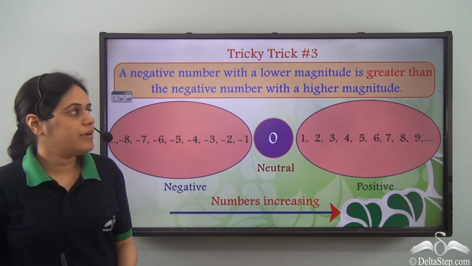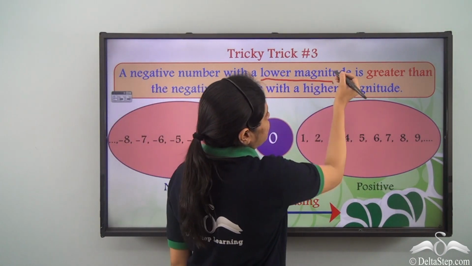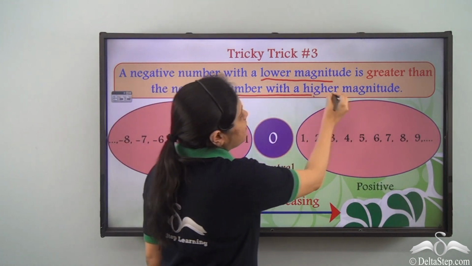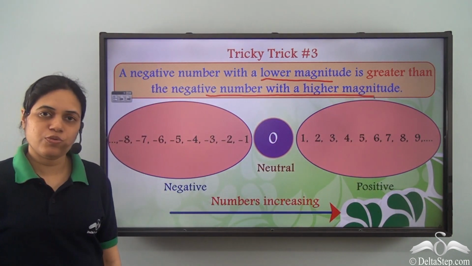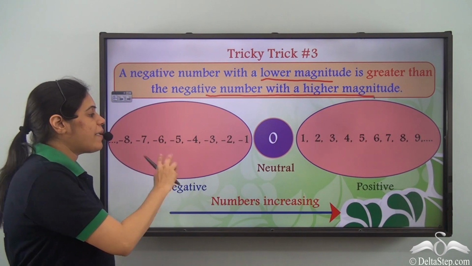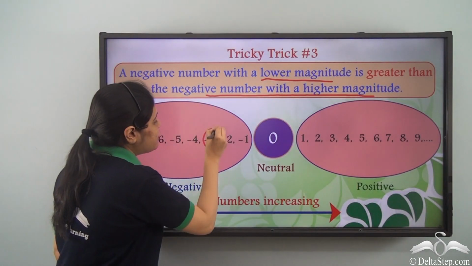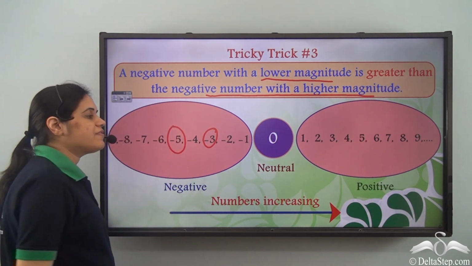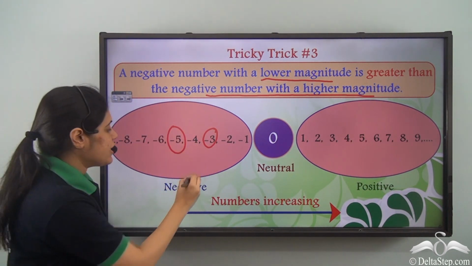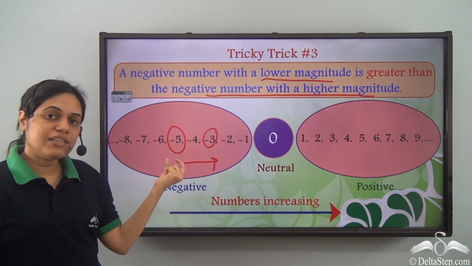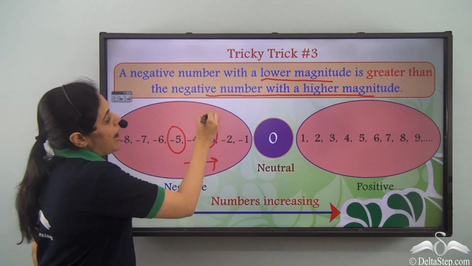Third, a negative number with a lower magnitude is greater than a negative number with a higher magnitude. If I am comparing two negative numbers, let me take negative 3 and negative 5. Negative 3 is towards the right, so negative 3 is greater than negative 5.